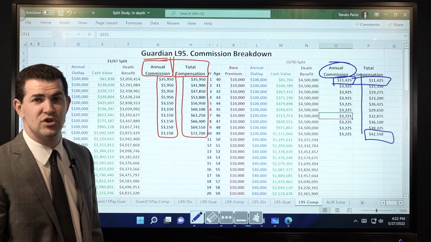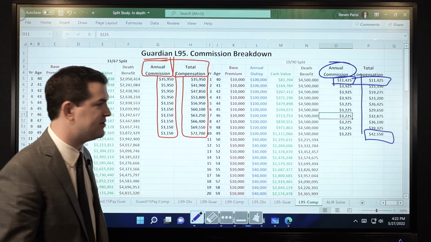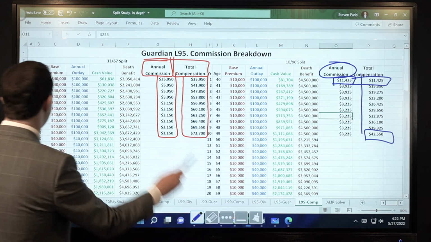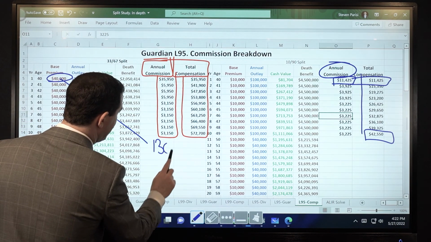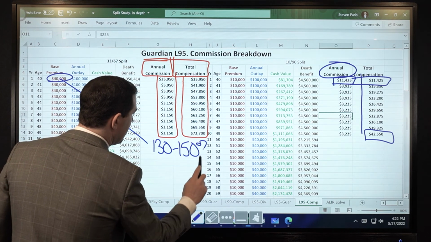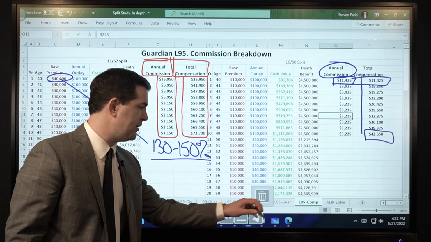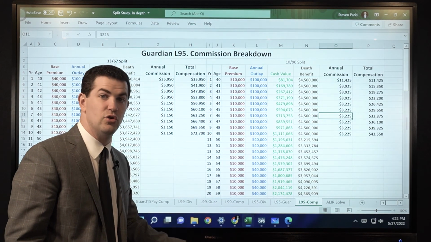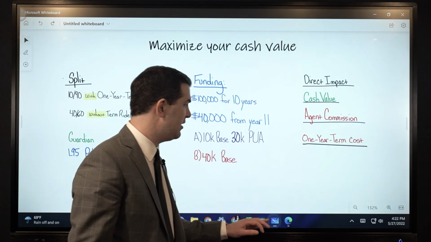I'll add, if this was a smaller company that does not solicit business in the state of New York, this would be much higher, where that base premium will have a compensation rate anywhere between 130 and 150% in the first year. But we don't need to get into that. That's just how compensation works, though, when you really break it down with different companies and products.